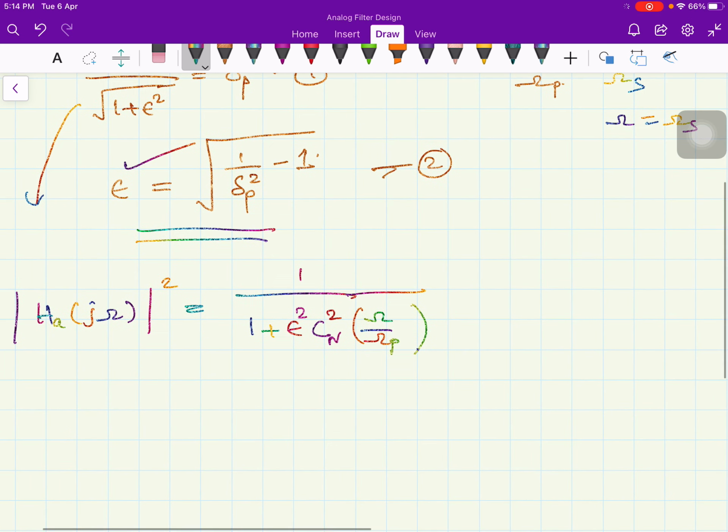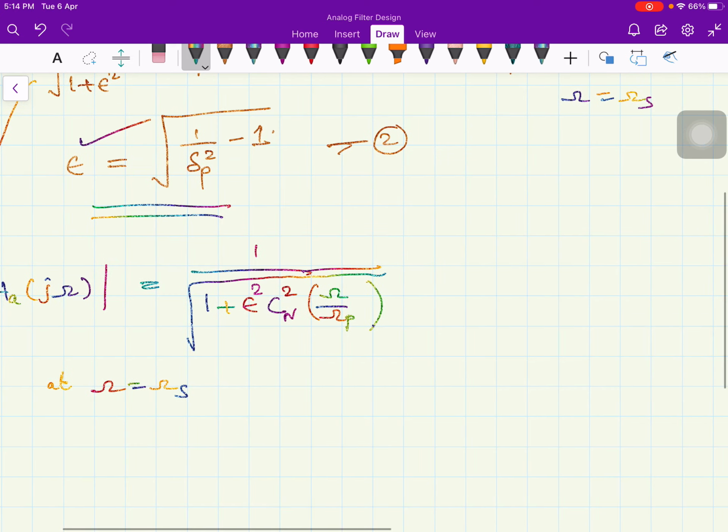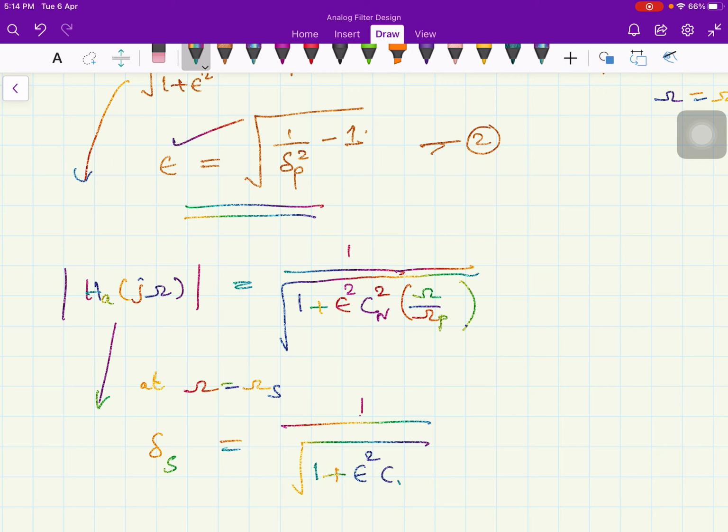Let me take the square root: at omega equal to omega s, this magnitude becomes delta s, and on the right hand side, 1 divided by square root of 1 plus epsilon squared Cn squared of omega s by omega p.